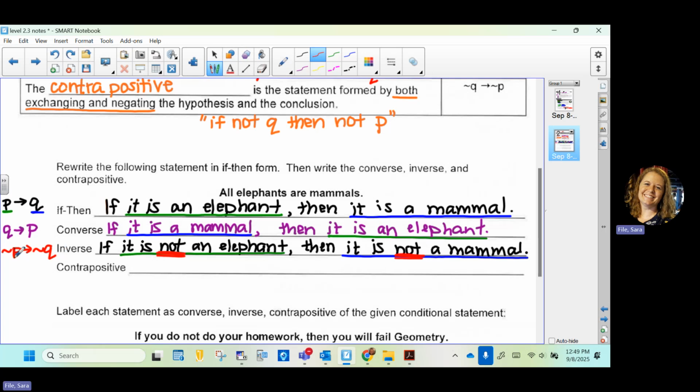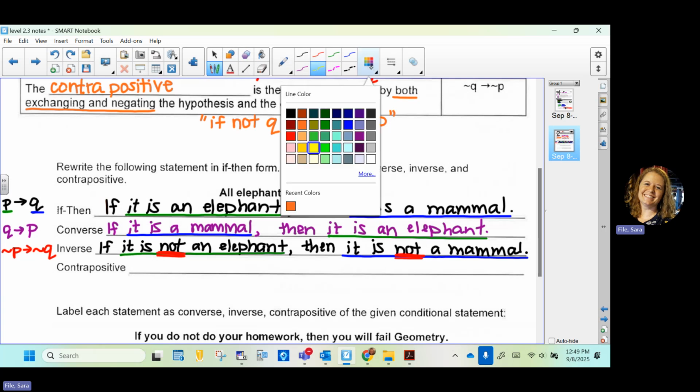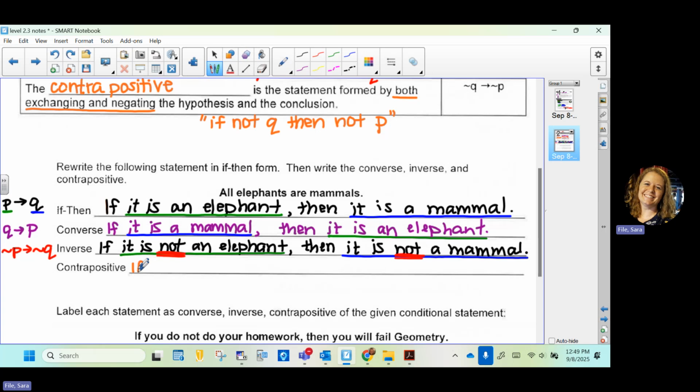Now the contrapositive, we're going to combine both. We're going to exchange and negate. So it's going to be if it is not a mammal, then it is not an elephant.